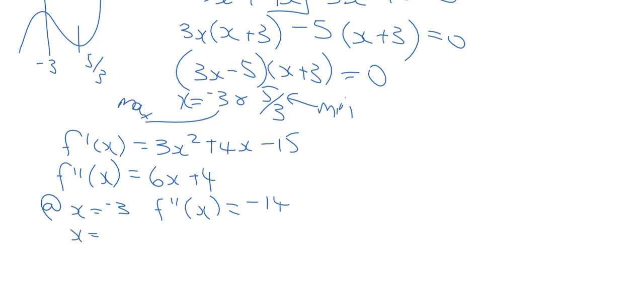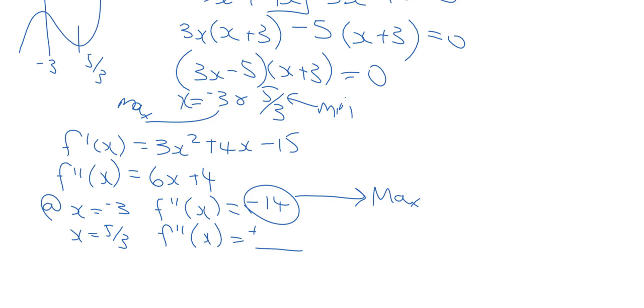And at x equals 5/3, f double dash will be positive. So all you're doing is differentiating again and substituting those numbers in. If your answer is negative, it means the gradient of the gradient function is decreasing, getting smaller and smaller, which means it has to be a maximum. If the gradient function of the gradient is getting bigger and bigger, therefore it is a minimum. But that's level 3 stuff.